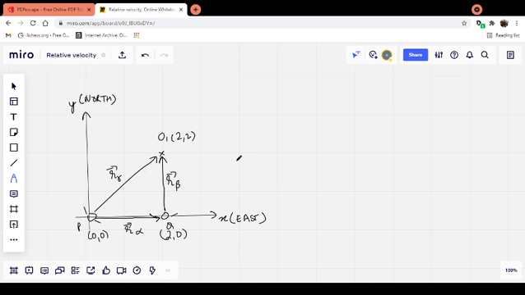So can anyone guess at what angle I would be seeing the object O1 if I were P? Since the coordinate of O1 is 2 comma 2, I can easily say that this angle would be 45 degrees.